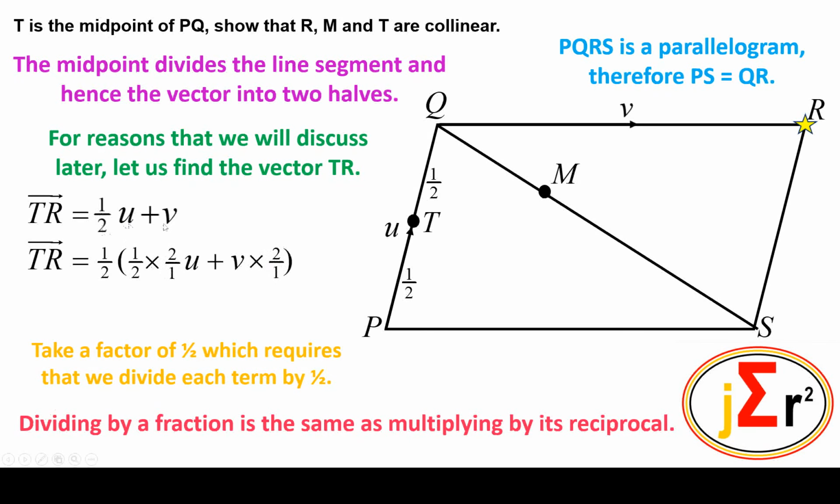But as it pertains to the V, in order to maintain the integrity, we will have to multiply by 2, which is the consequence of taking the factor of a half. So V will be multiplied by 2. And if we take a look at it this way, a half of U, a half of U. A half of 2V, the 2 will cancel and we will have V. We are 100% sure that that is correct.